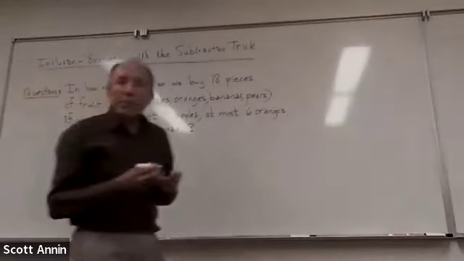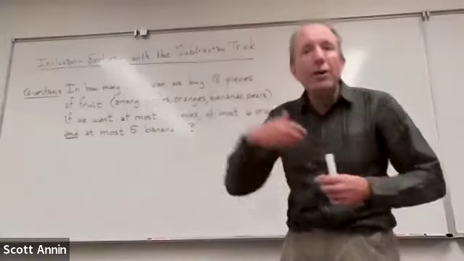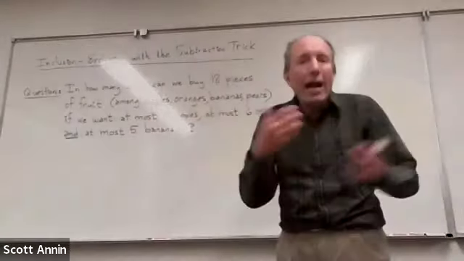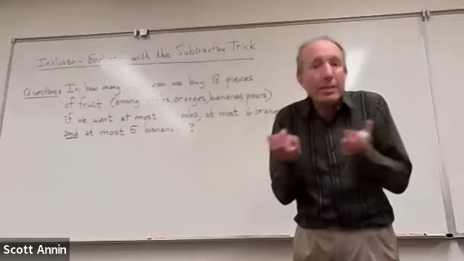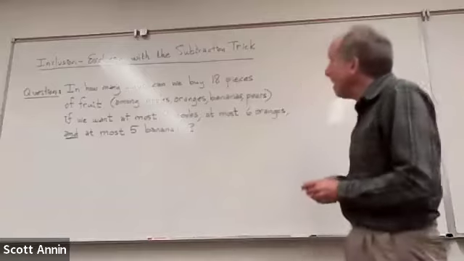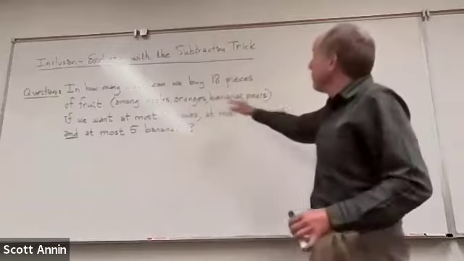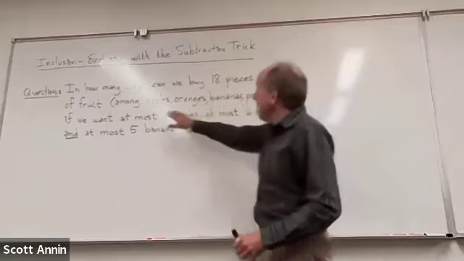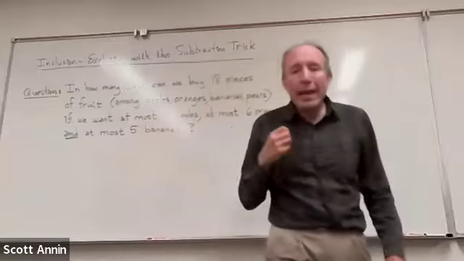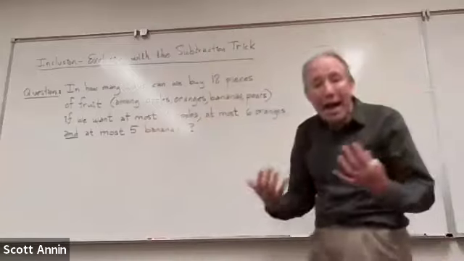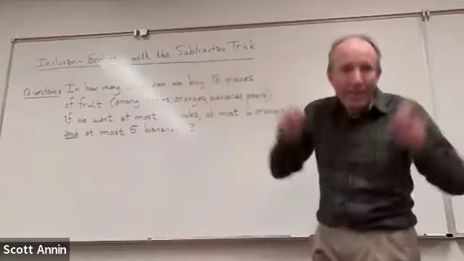Now, I'll point out here this word "and." We generally think of using the inclusion-exclusion principle when there is an "or" that dictates a variety of scenarios that we would like to count up in some kind of a union. But when we're doing a negation of a bunch of scenarios like this, at most 9 apples, at most 6 oranges, and at most 5 bananas, we're going to be subtracting something that's viewed as an "and."